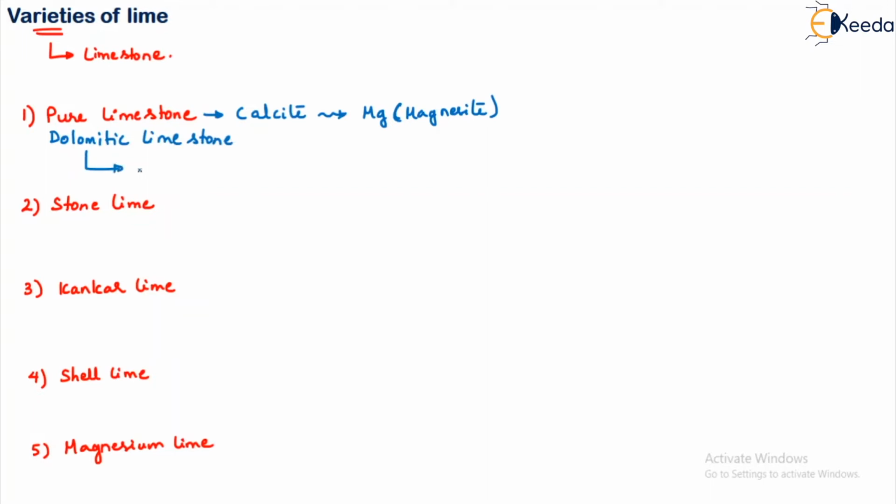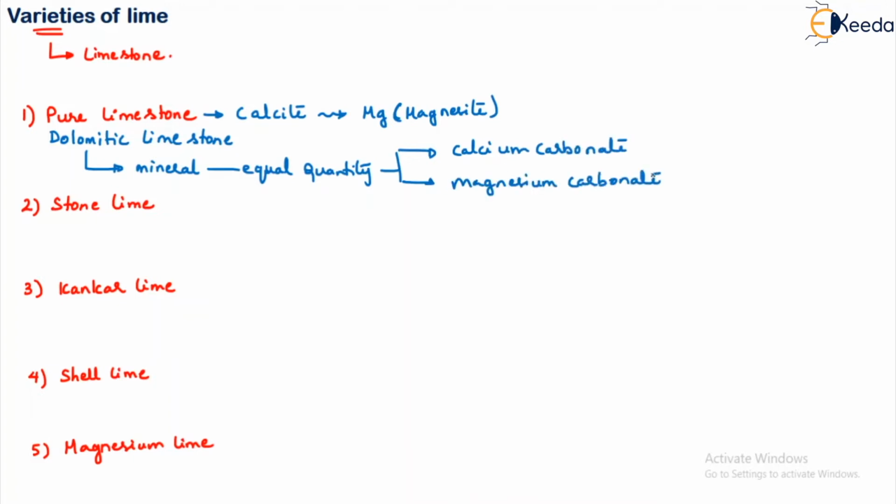Generally, dolomitic means the mineral which contains an equal quantity of calcium carbonate and magnesium carbonate. Okay. Moving on to the second one, it is the stone lime.